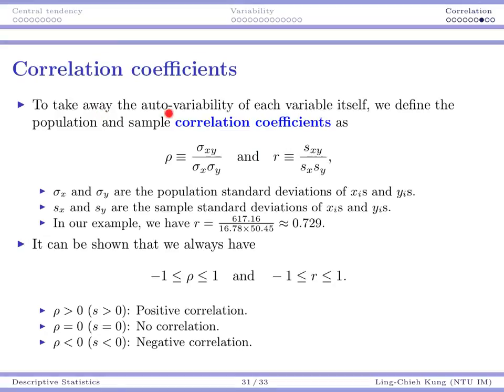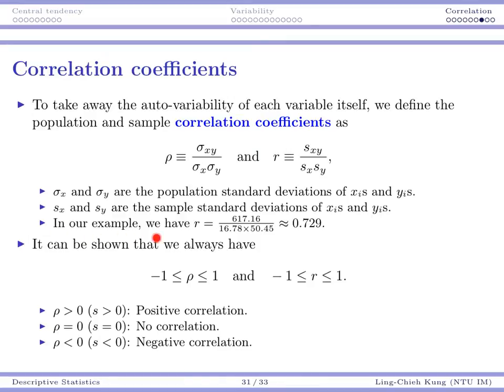To take away the variability of each variable itself, we define correlation coefficients for population and sample this way: we take the covariance and divide it by the standard deviation of each variable.